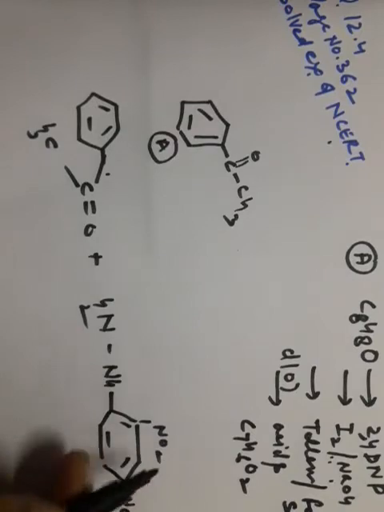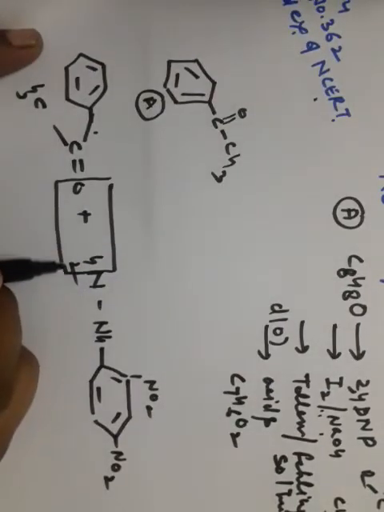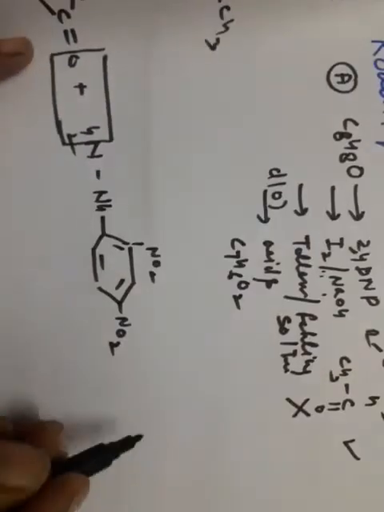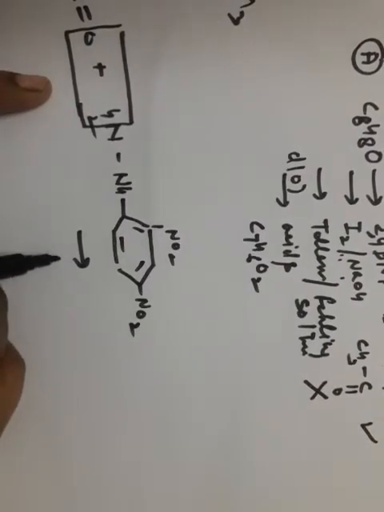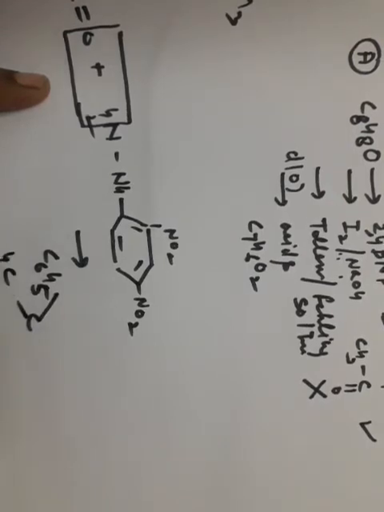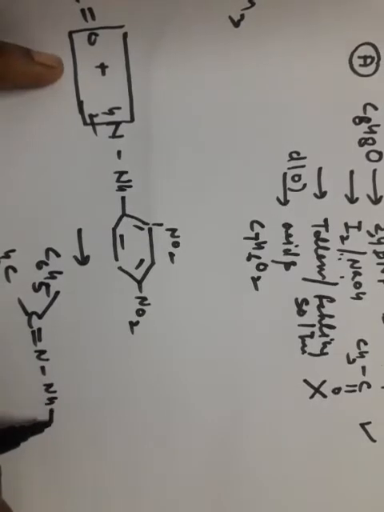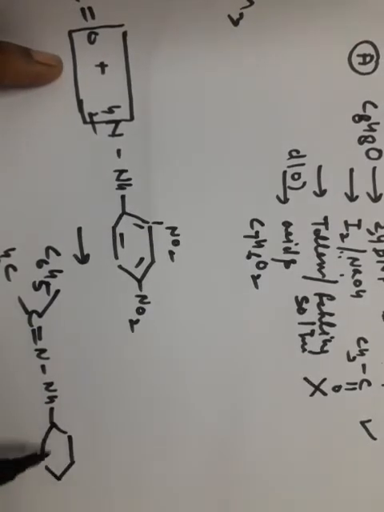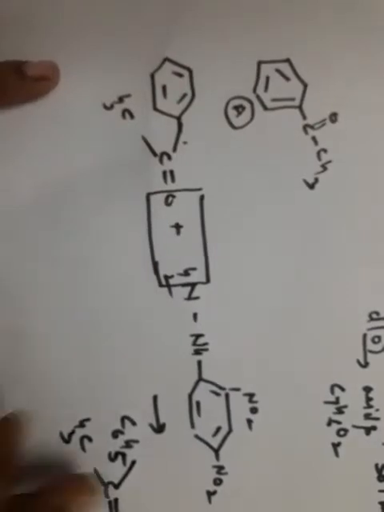And 2,4-dinitrophenylhydrazine with aldehyde and ketone gives yellow-red precipitates. 2,4-dinitrophenylhydrazone is formed, right students? First condition is clear. Now it should give an iodoform test.